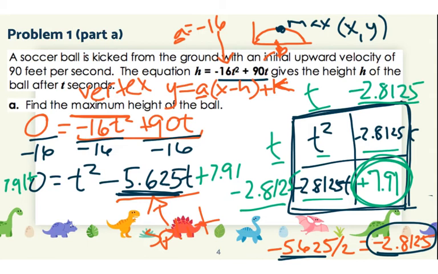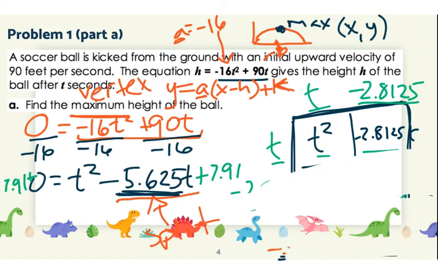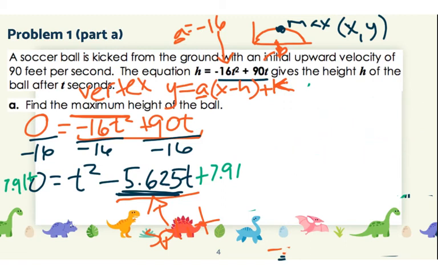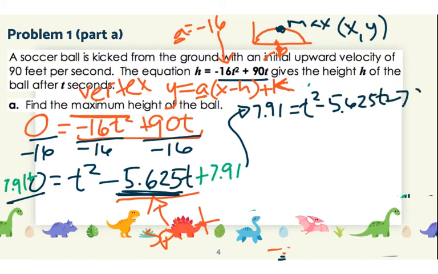Okay. So you know I've got to erase, so copy down what you need. Okay, so let me just continue this over here. All right, so 7.91 plus 0 is just 7.91 equals t squared minus 5.625t plus 7.91. So remember, this right here is a perfect square trinomial.